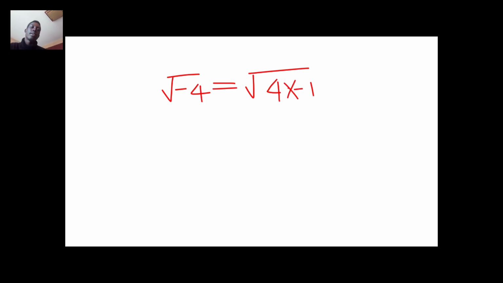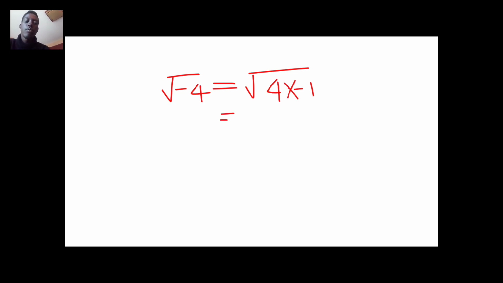So let's have another example here. Root of -4. How do you solve this? Root of -4 is equal to the square root of 4 times -1 inside.